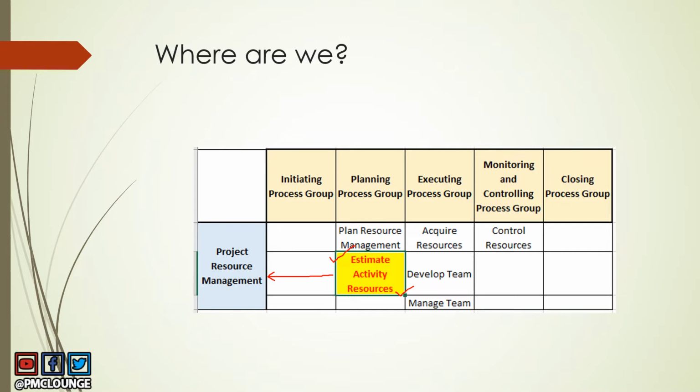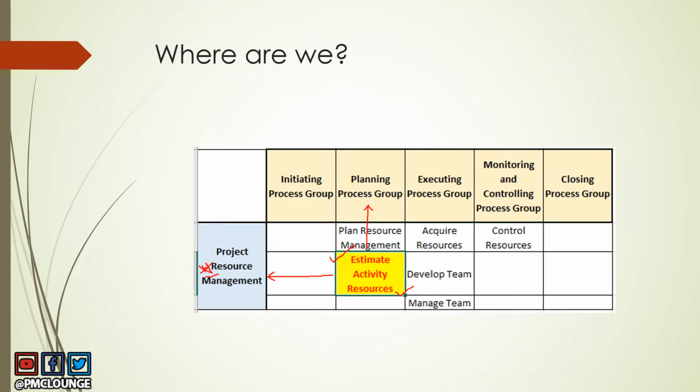Also, this knowledge area up till PMBOK 5 was known as human resource management, right? But now it is only known as resource management. So this process is part of resource management knowledge area and the planning process group.